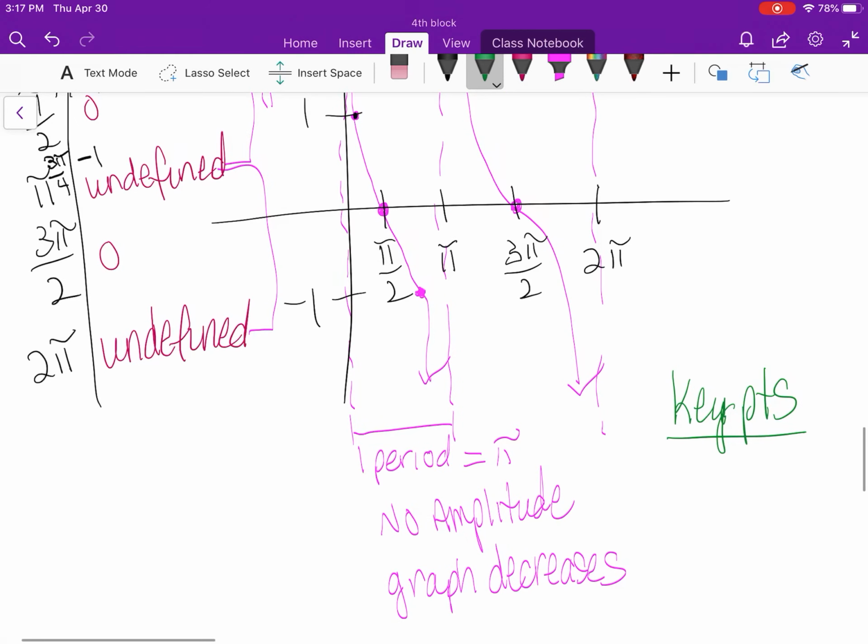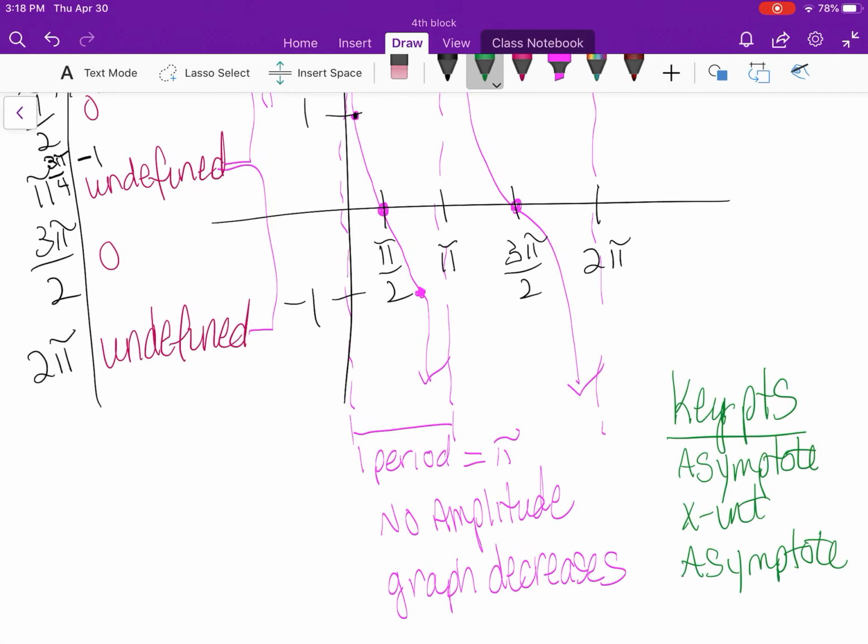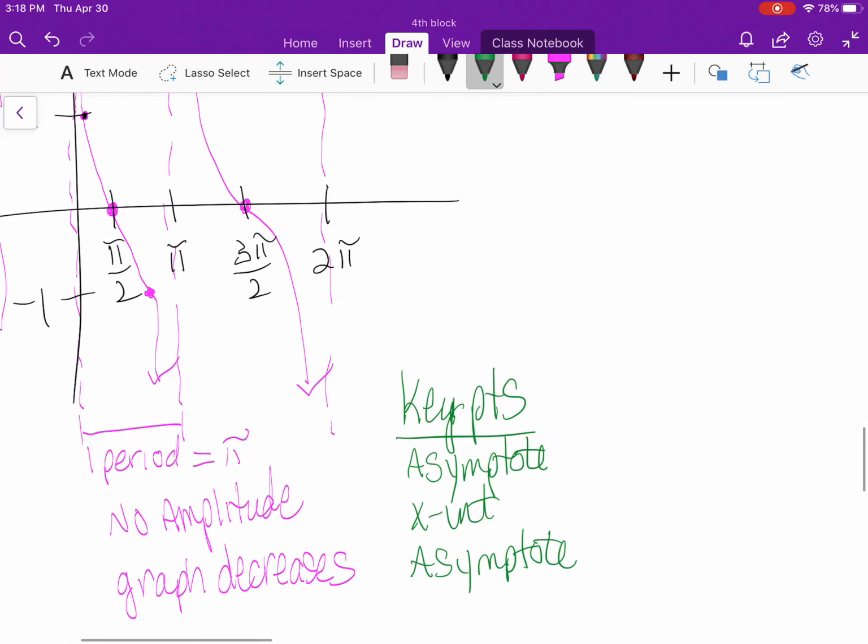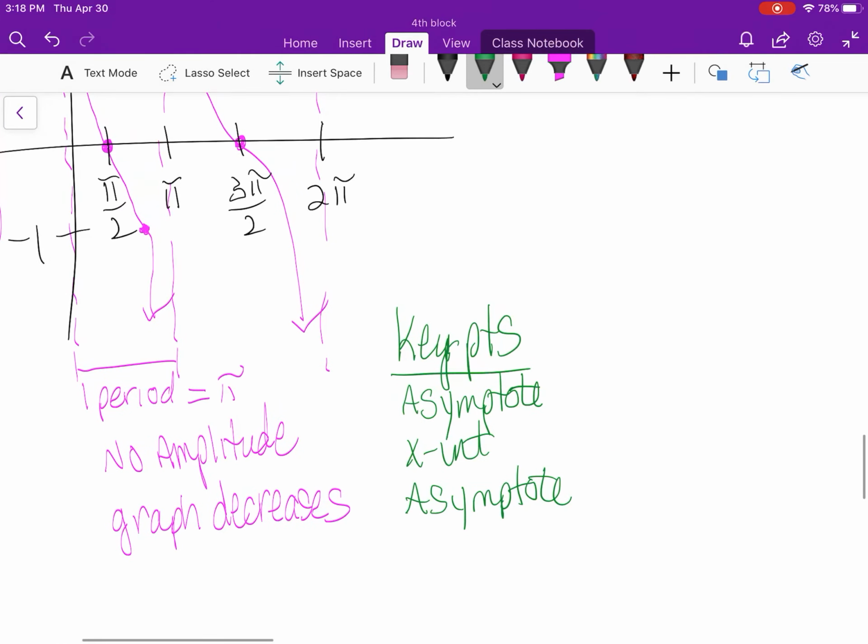Now, our key points. Once again, since it just has a period of pi instead of 2 pi, we can get by with 3 key points. We're going to have our asymptote, the x-intercept in the middle, and the asymptote again. Now, those key points, as far as the pattern, it looks the same as what we wrote down for tangent, but notice our asymptotes are in different spots.